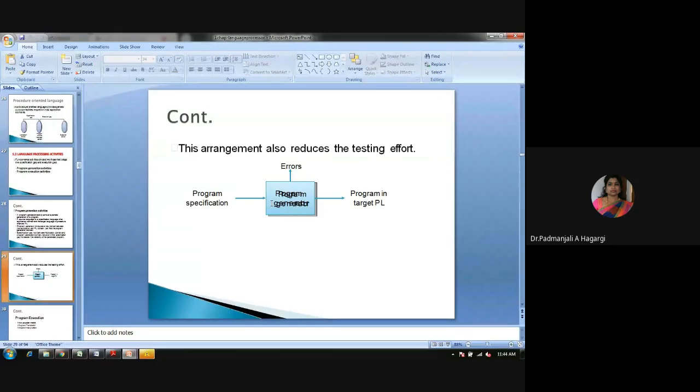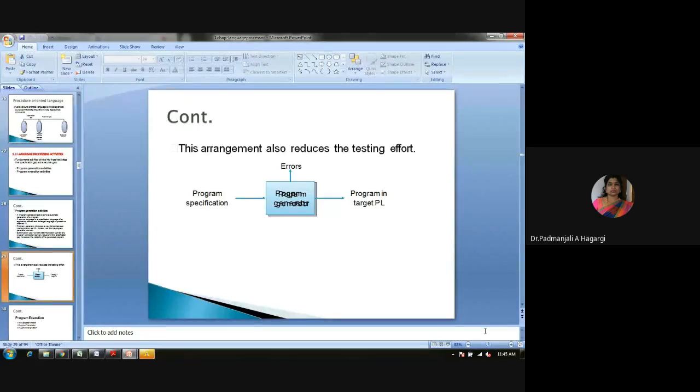Compiler takes all the source program at a time and goes for the error corrections and then for execution. Whereas the interpreter takes the program line by line, and one line is taken for error correction, that is nothing but the program generator.